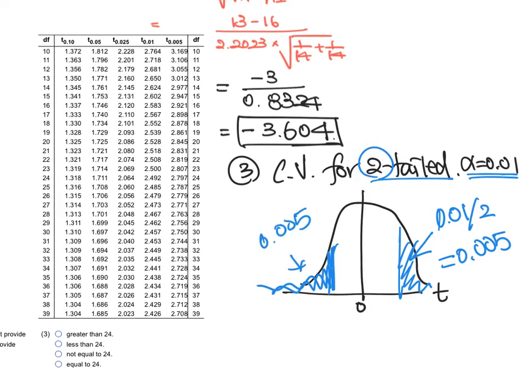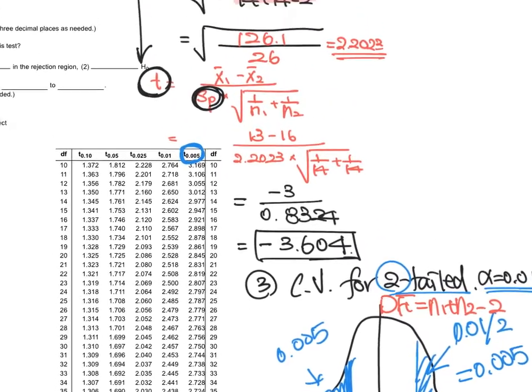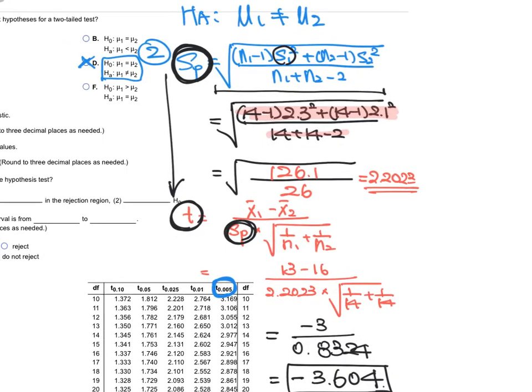So we have to go to the column with the upper tail probability 0.005, and we need the degree of freedom. Now the degree of freedom in the pooled t-test is n1 plus n2 minus 2. Before, in the denominator, when we took the pooled standard deviation, there is the degree of freedom.